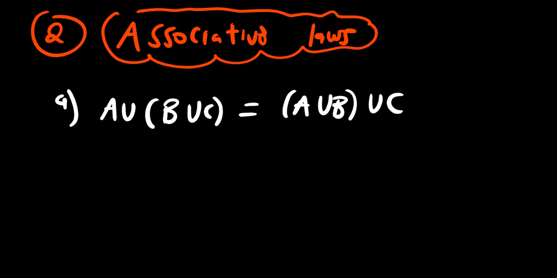What does this mean? Now, you remember that if you are dealing with union, it is just the same as or, right? And if you're dealing with intersection, it is just the same as and. Okay, then on the other hand, union is just the same as like multiplying, then intersection is just the same as like you are adding.